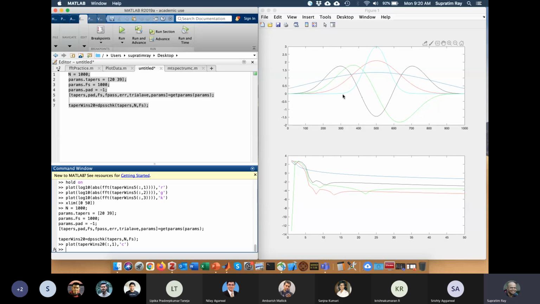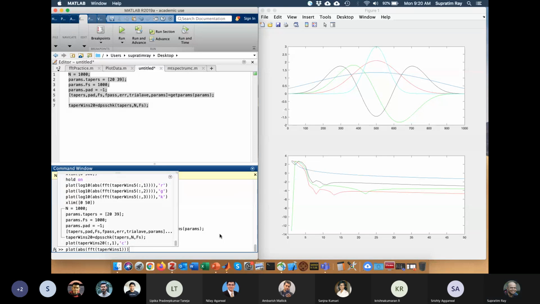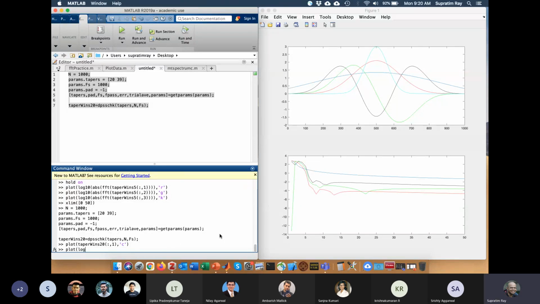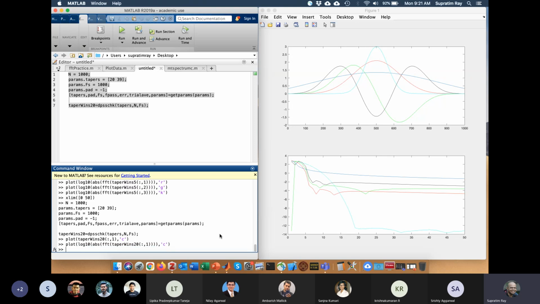Okay, so see, it has become even more narrower in time, and if I plot its log 10, 20. Look at this now. This is now starting to resemble what we have seen in the figure.